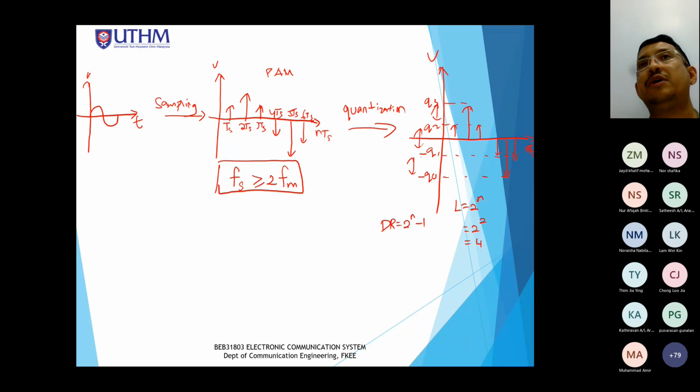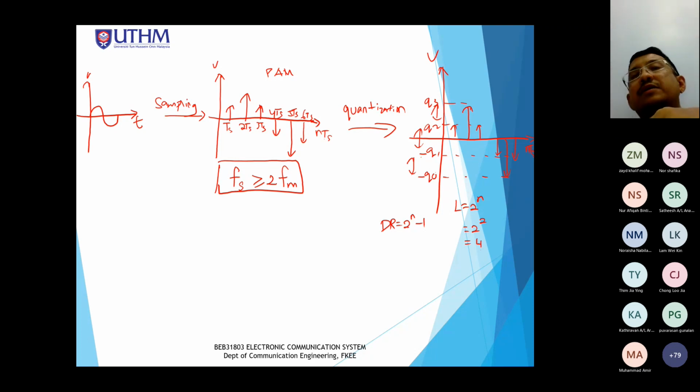If we have many quantized levels, that means the rounded up values would be smaller. We only need to round the values up by a very small amount. So the more quantized levels, the more precise the output signal that we can produce, which is ideally much better.